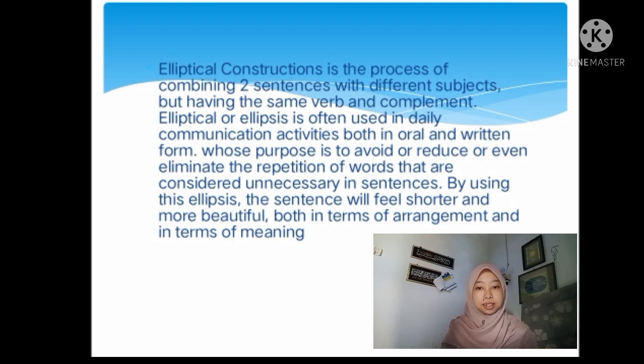Elliptical or ellipsis is often used in daily communication activities, both in oral and written form, whose purpose is to avoid, reduce, and even eliminate the repetition of words that are considered unnecessary in a sentence. By using this ellipsis, the sentence will feel shorter and more beautiful, both in terms of arrangement and in terms of meaning.